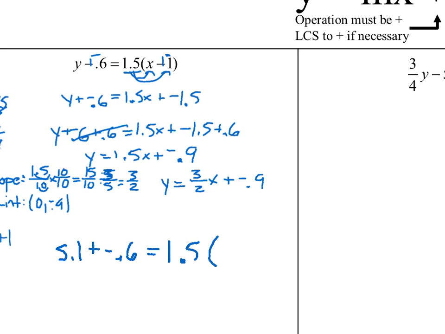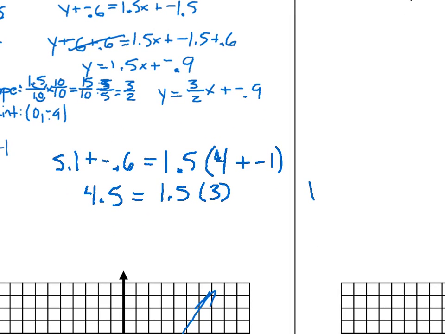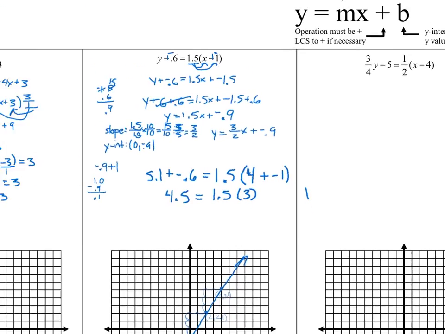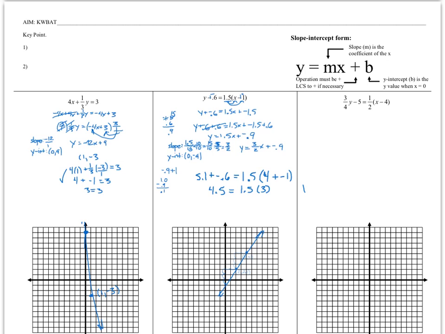What's the x value of that point? 5.1 plus negative 0.6, as Haseen told us, is 4.5. Doing this order of operations, we need to do what's in the parentheses first. And 1.5 times 3 is going to give us 4.5. It's equal to 4.5.